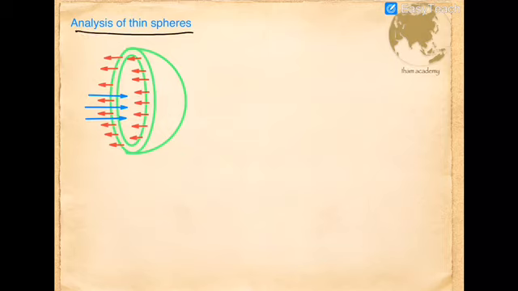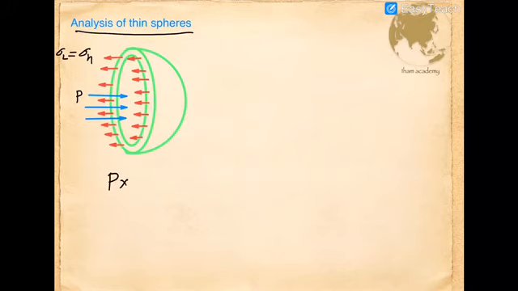Now come to the analysis of thin spheres. Here the blue lines correspond to the internal pressure acting on the shells, and the red arrows give the representation for hoop stress value. So here, because of symmetry, sigma h will be equal to sigma L. So the expression for sigma h can be found out by considering the equilibrium of bursting force.